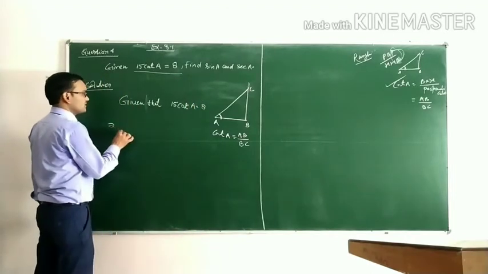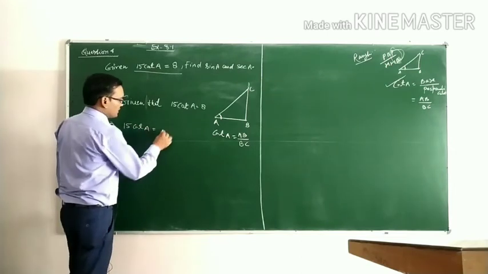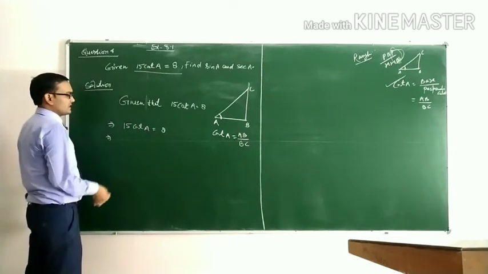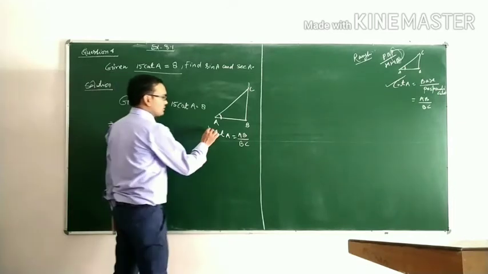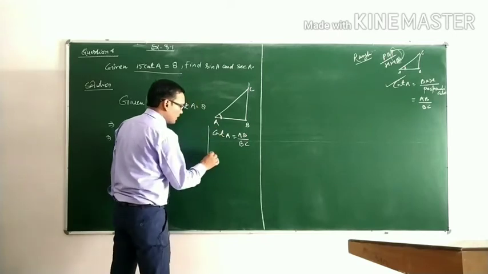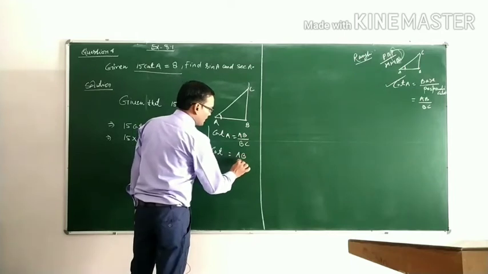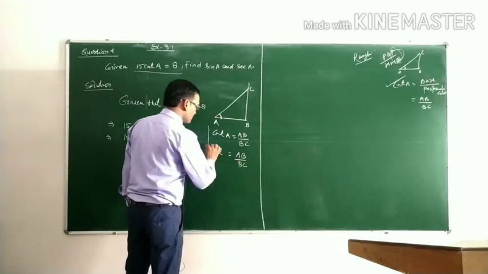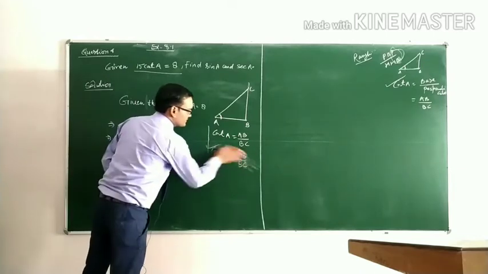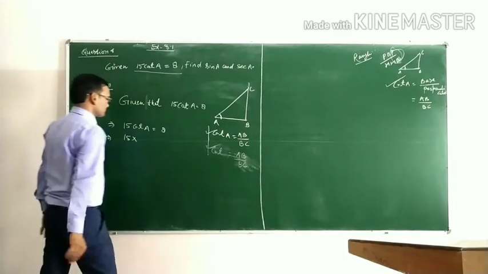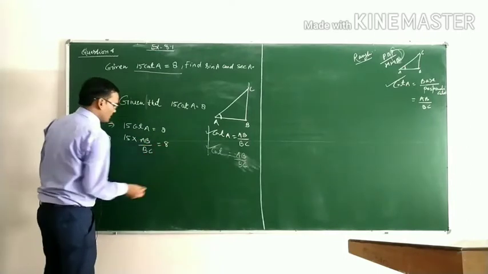This implies that 15 cot A equal to 8, so 15 multiplied by the value of cot A, which is AB upon BC, equals 8.